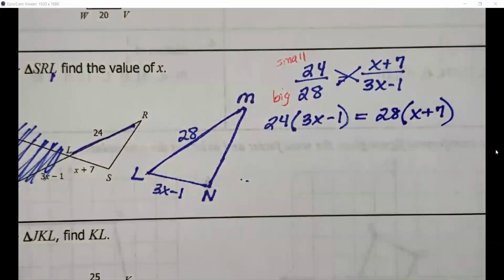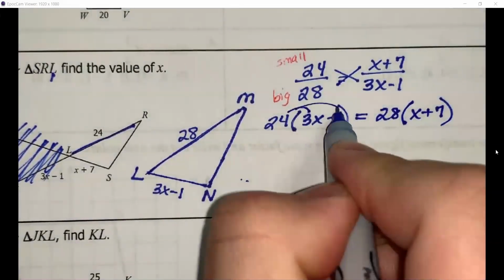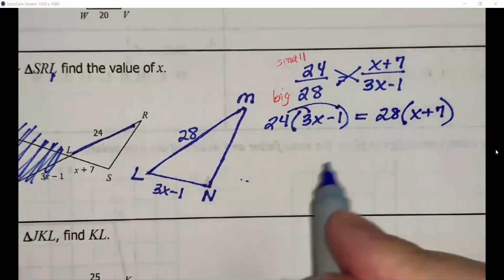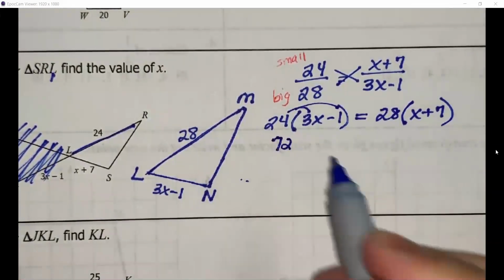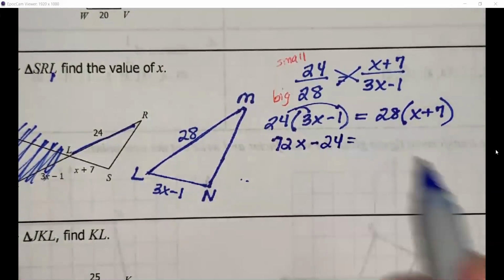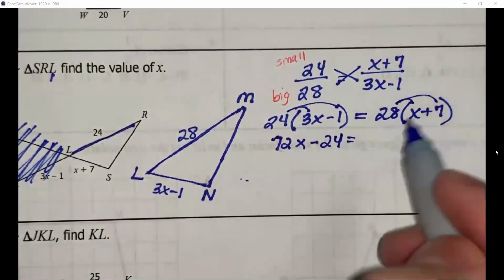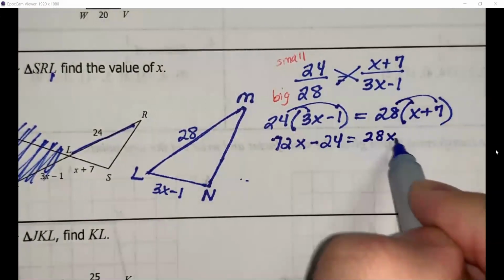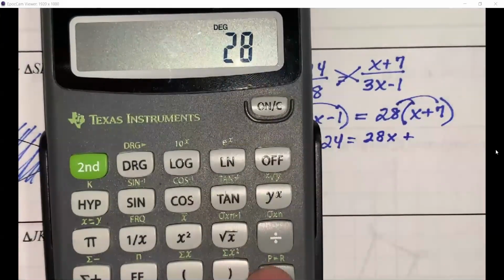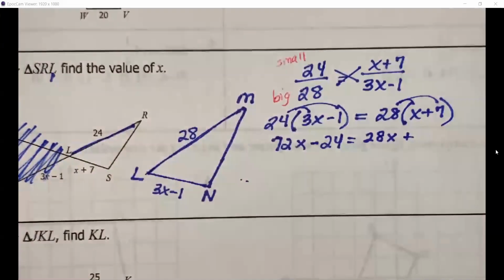All right. And now this is just going to be some basic algebra. I'm going to go ahead and distribute. 24 times 3 is, oh my God, 72. So 72x minus 24 is equal to 28x plus 196. Let me double check, 28 times 7, yeah, 196.